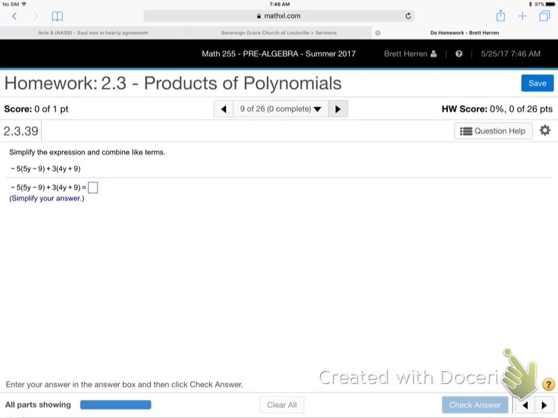Add and multiply. This is where it's always challenging, where they mix everything together. Okay, so we've got minus 5 times 5y minus 9 plus 3 times 4y plus 9. So there's the deal.